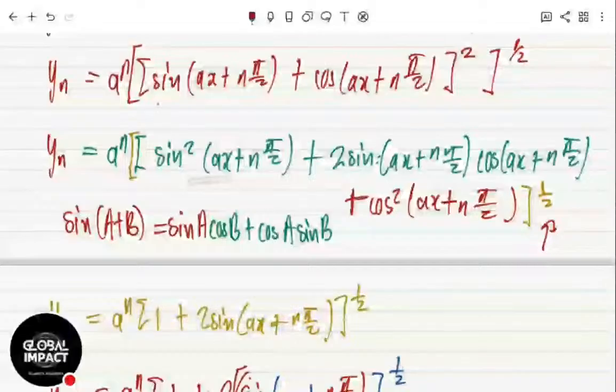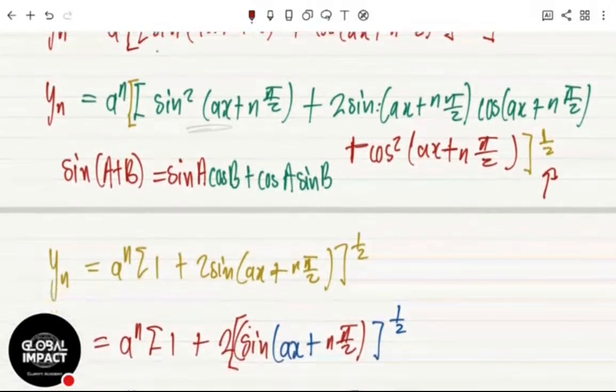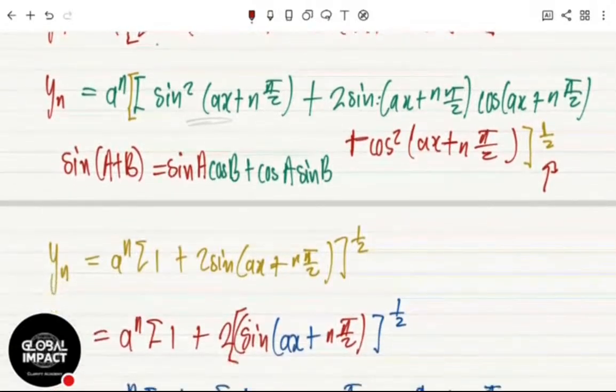Now, when you remain with this one, after combining these two to give you 1, what you're going to do is now change this sine ax plus n pi over 2. Here, what actually would have happened is, by the way, let me put it and make sure everybody can see.